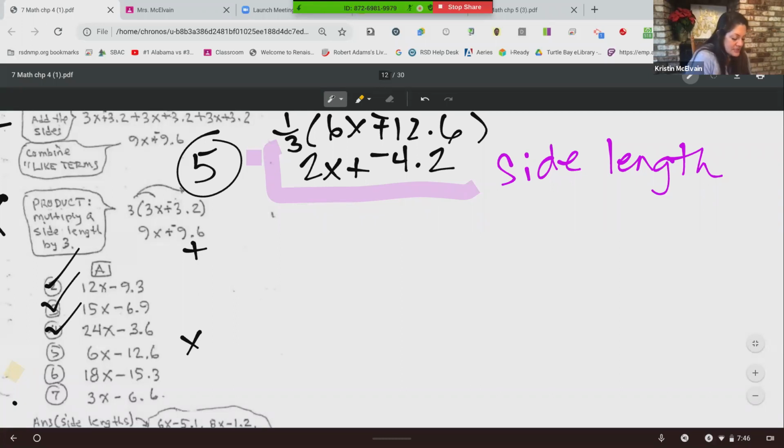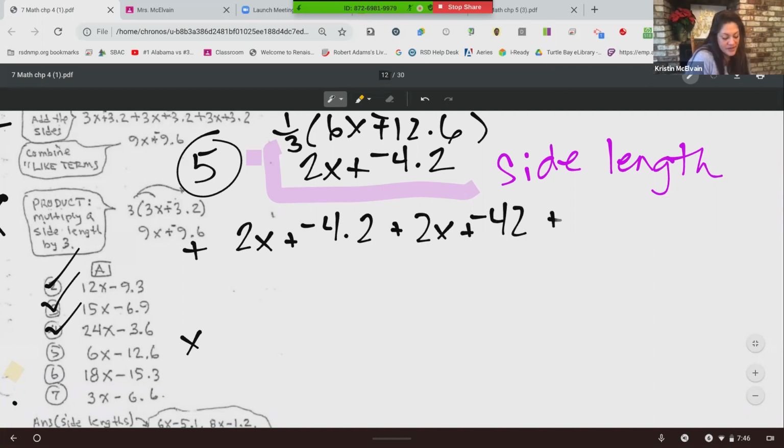Show it repeated addition. So 2x plus negative 4.2. There it is twice. And 3 times. Combine like terms.